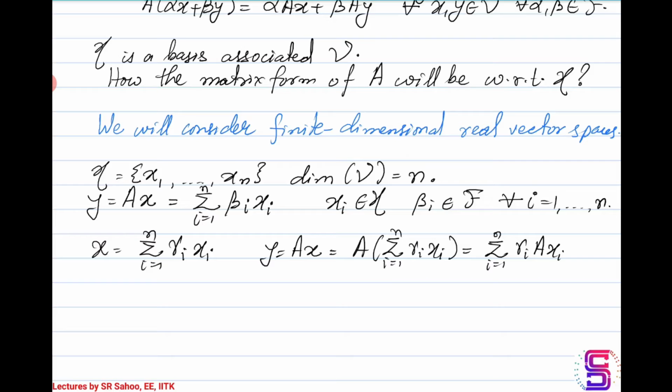So if I know how all the basis vectors are being transformed, I'll be able to comment on some relationship between beta i, gamma i, and how the matrix of A is going to look.